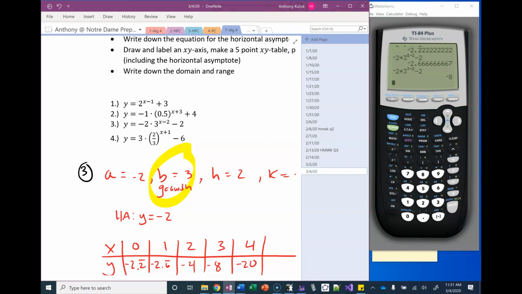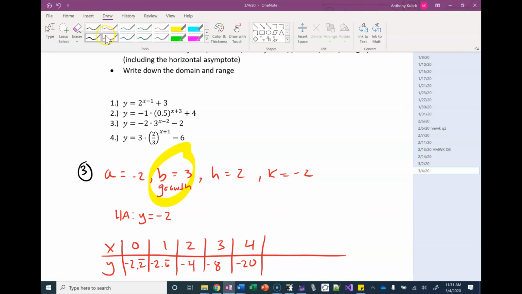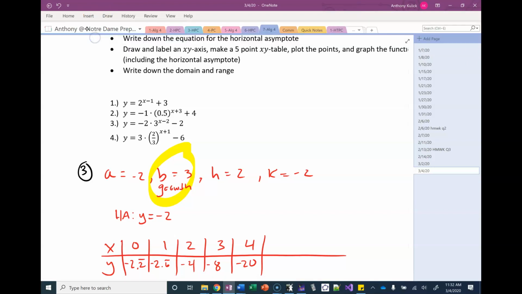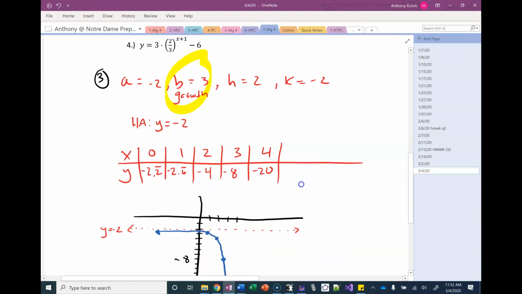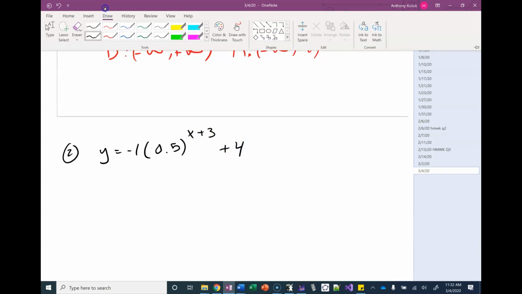Well, we have to do the whole thing because I don't have the graph ready, but we can do number 2. You want to? So that was y equals -1 times 0.5 to the, what was the rest of it? Wonderful, thank you.